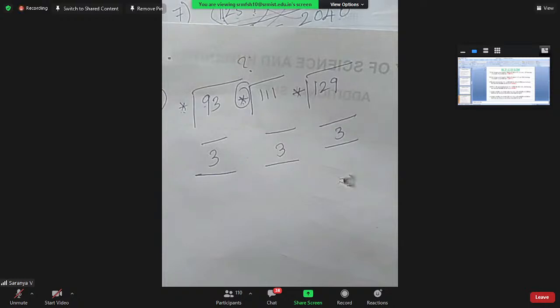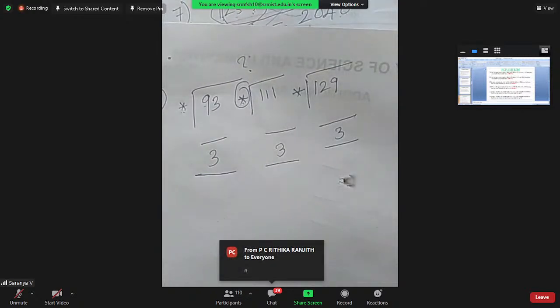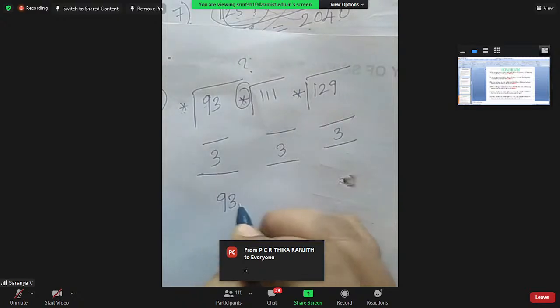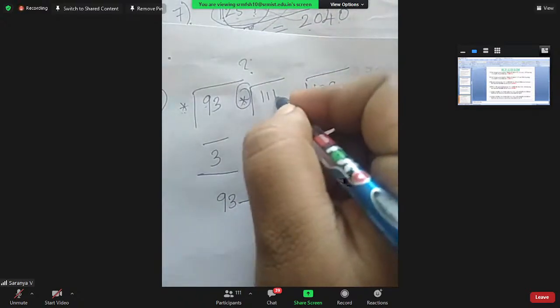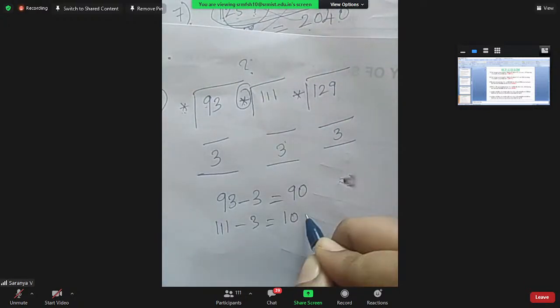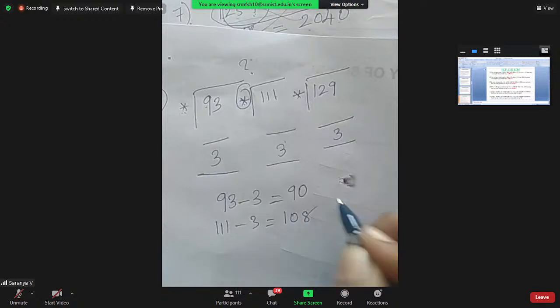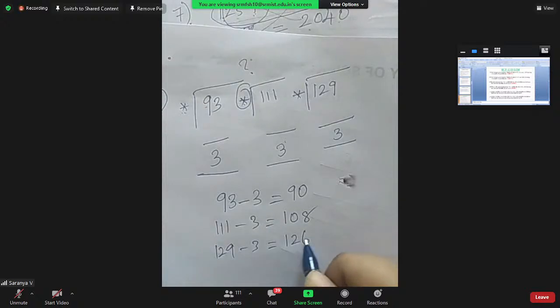No. Okay, just remove that remainder first. Remove that remainder 3 from 93 and you get 90. Then 111 minus 3 is 108, right? And 129 minus 3 is 126. For these 3 numbers, you have to find the HCF.